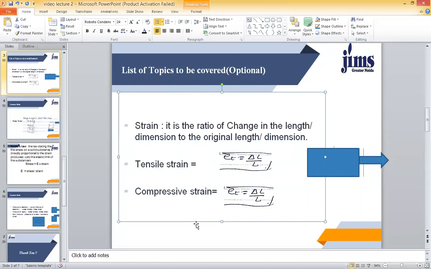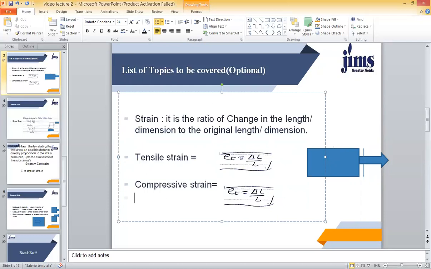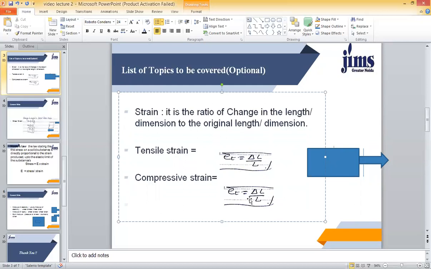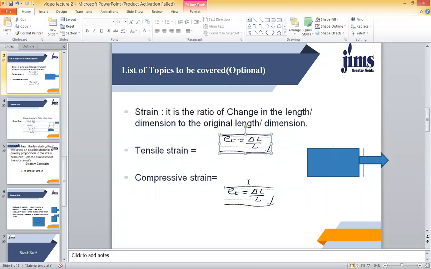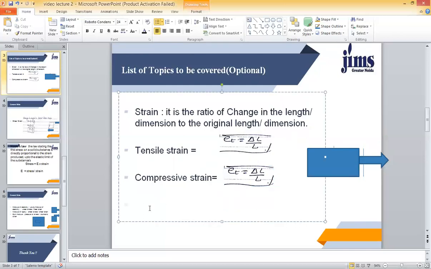The change in width to the original width. If the width of the block is b, then the change in width to the original width is called lateral strain.